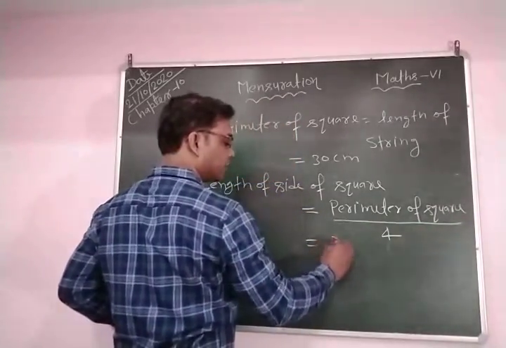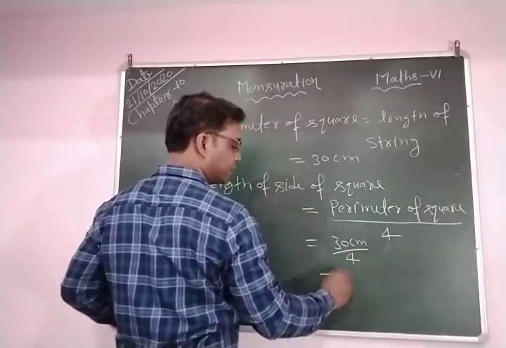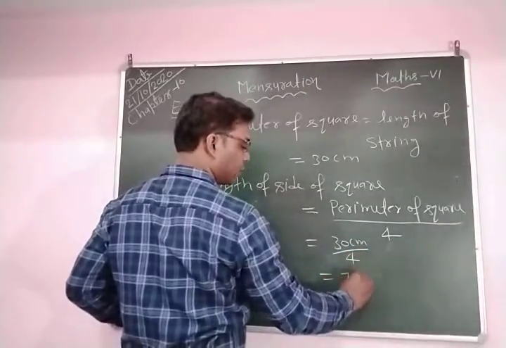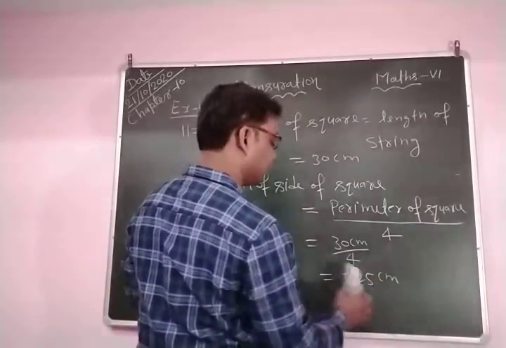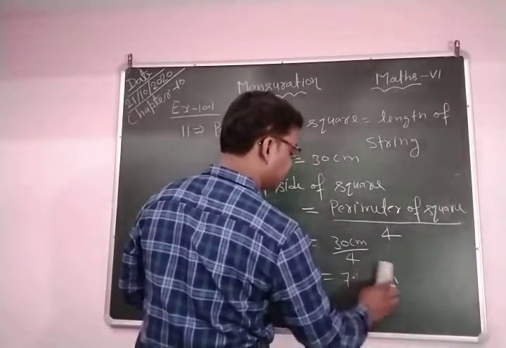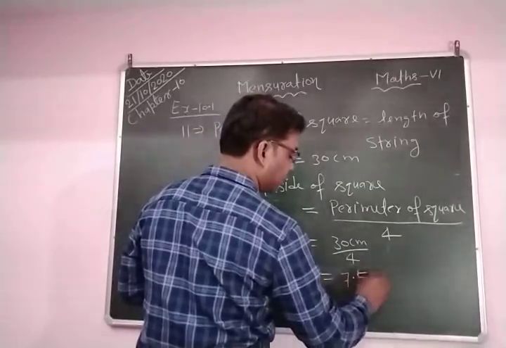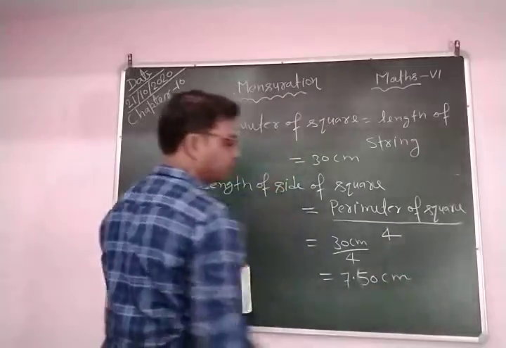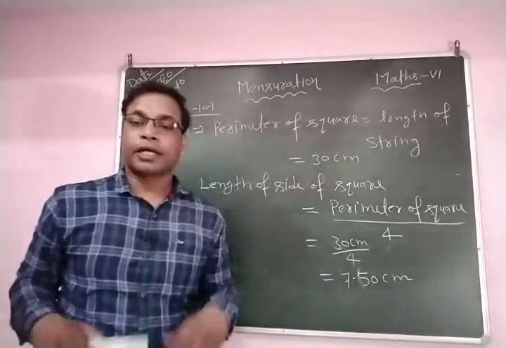This is equal to 30 centimeter by 4, which is 7.5 centimeters.